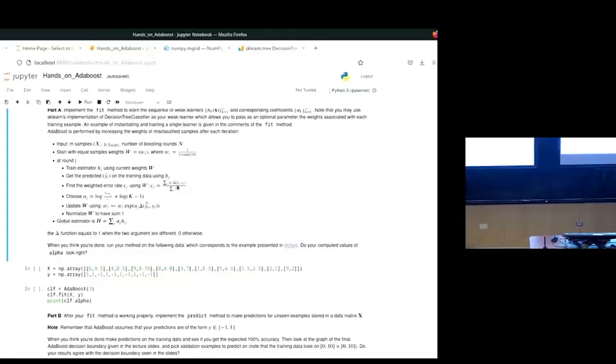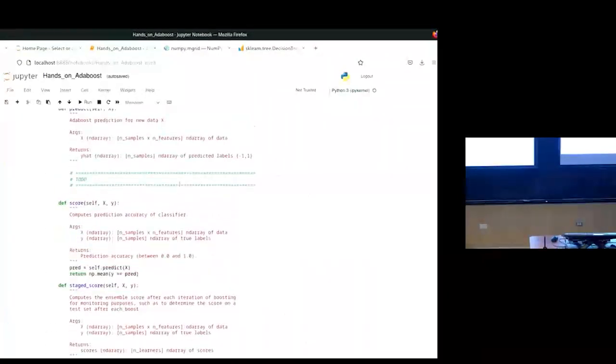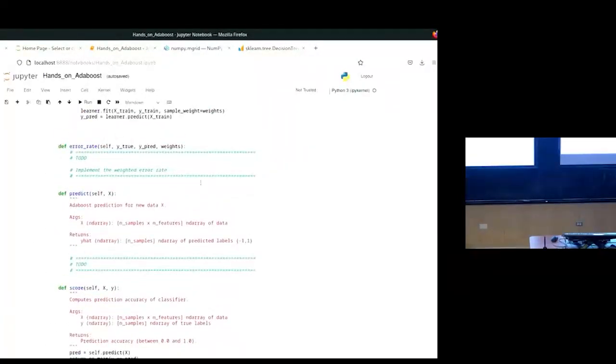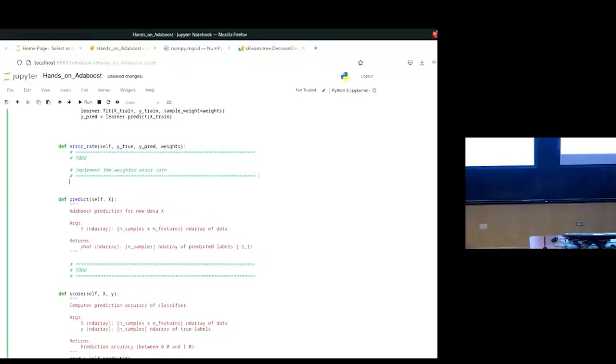Let's look here. That's the method error_rate. I have y_true, y_pred, and weights. What happens here is that I'm taking weights and multiplying them by y_true different than y_pred.